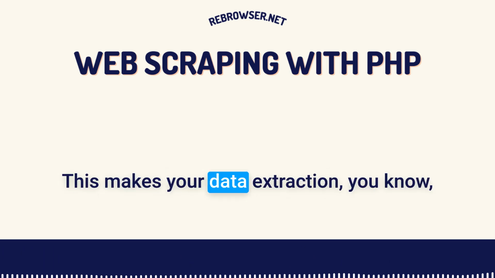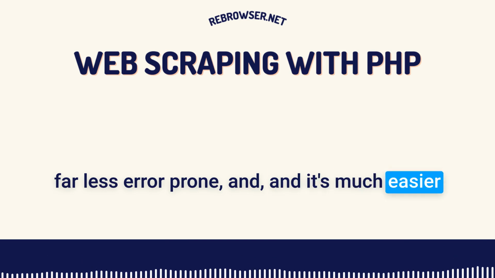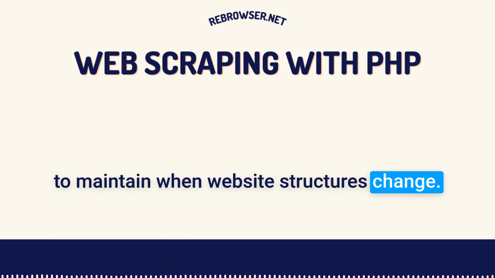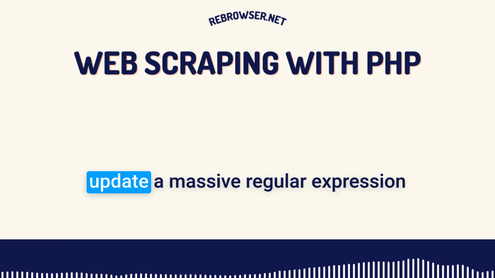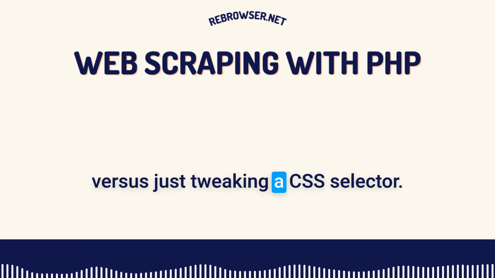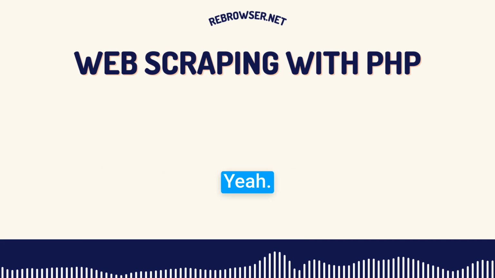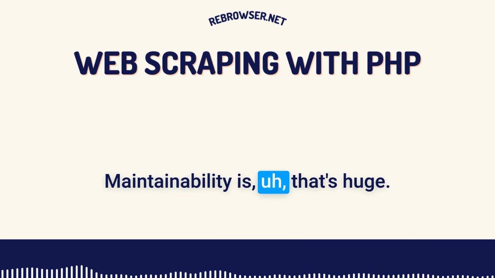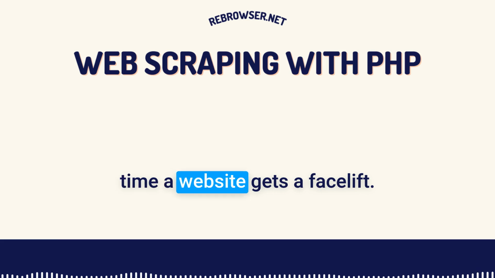This makes your data extraction far less error prone and much easier to maintain when website structures change, which they inevitably do. Imagine updating a massive regular expression versus just tweaking a CSS selector. It's a world of difference. Maintainability is huge. Nobody wants to spend hours debugging a script every time a website gets a facelift.